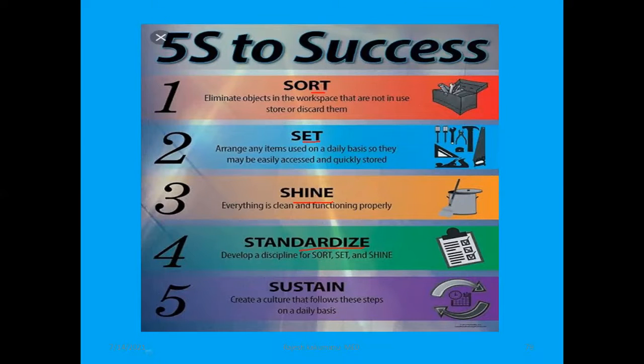So the 5 things to get success personally or commercially or in office, whatever the thing. Now see here, the 5 things to get success in anything are sort, set, shine, standardize, and sustain. So these are the things which will be sustained in every part of the concept.